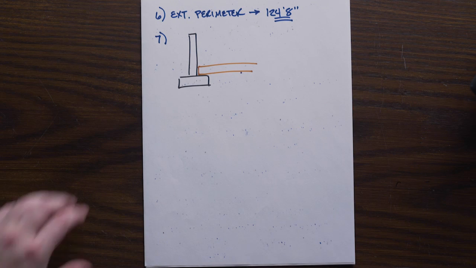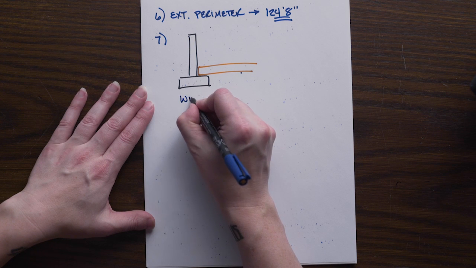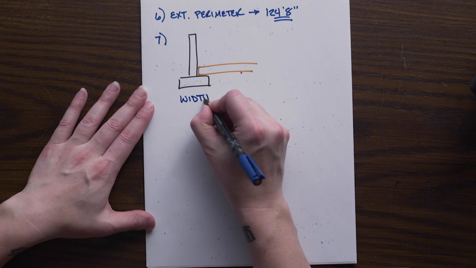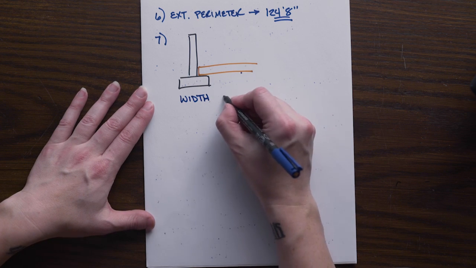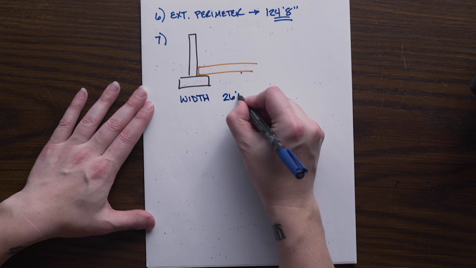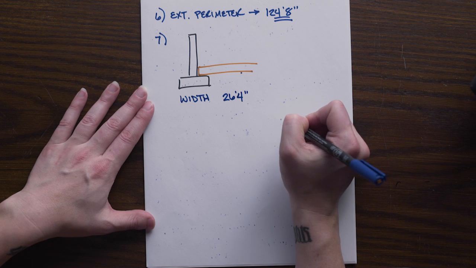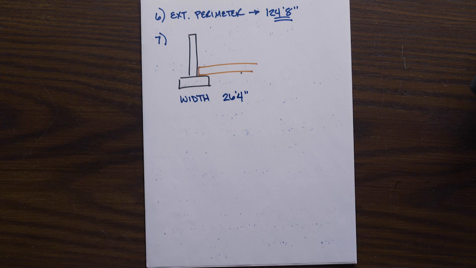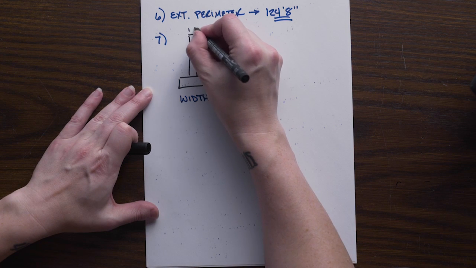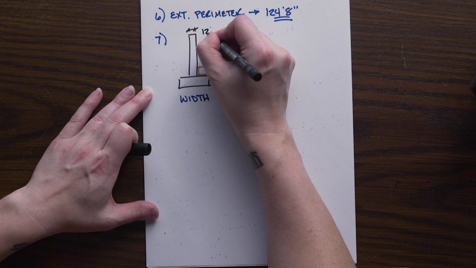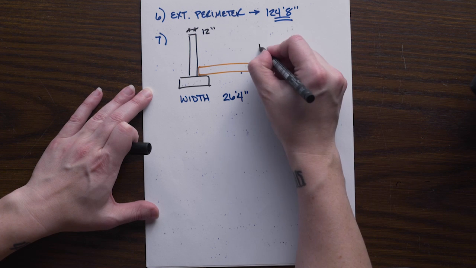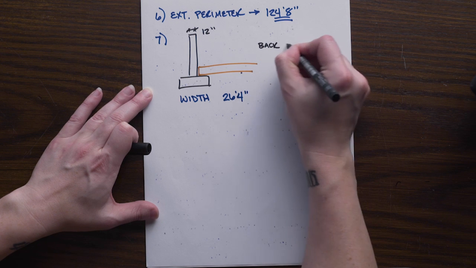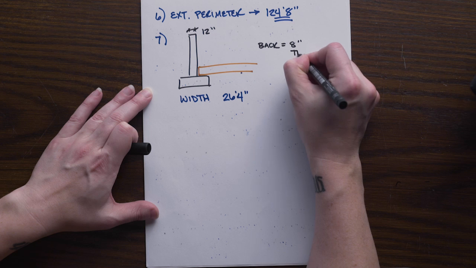So if we're looking at the width of our slab, we start off with the width of our foundation, our 26'4". And we know we have 2 different wall thicknesses. On the front, we have our 12-inch wall thickness. The back is 8-inch thickness.